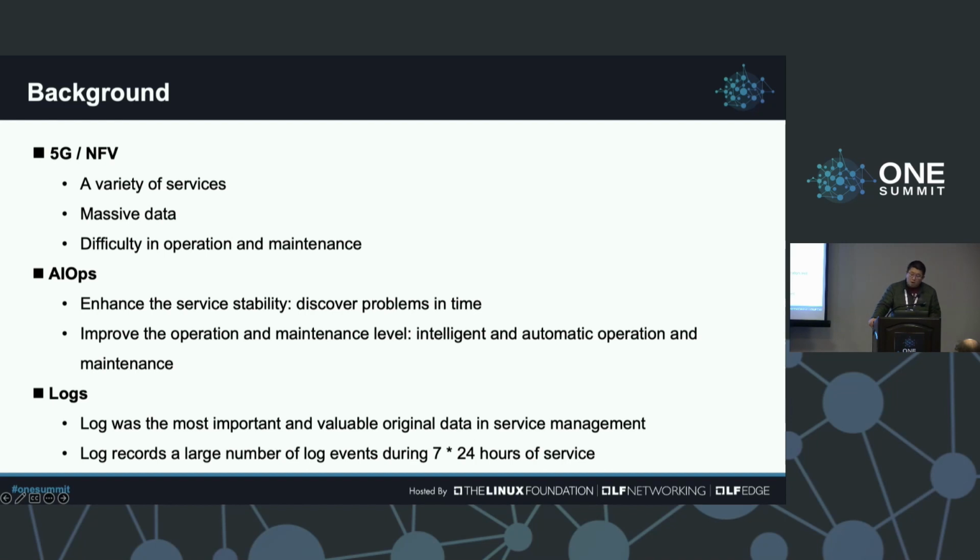So in order to improve the stability of the network, it is necessary to detect the anomaly of the network cloud device, and then analyze the root cause of the anomaly to find out the potential risks.